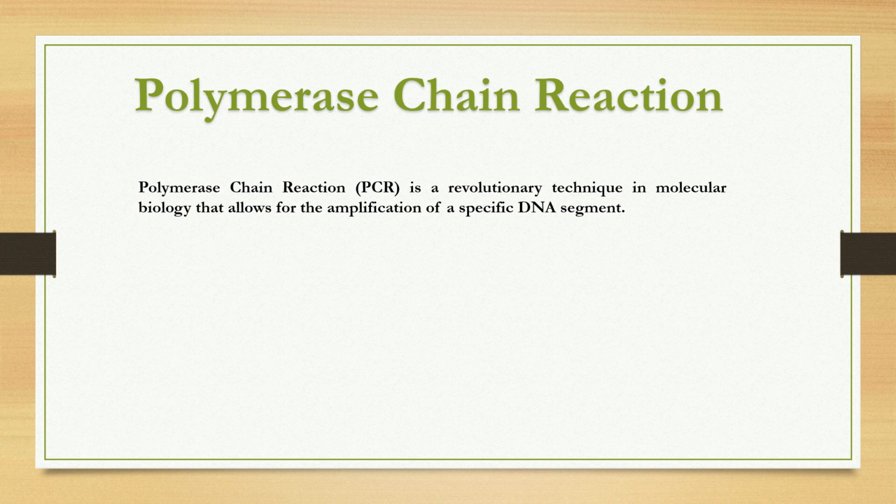But in vitro conditions, we don't have such an enzyme called primase, which will provide us with the primers, the short nucleotide sequences, which are important for the DNA polymerase to synthesize a new DNA strand.